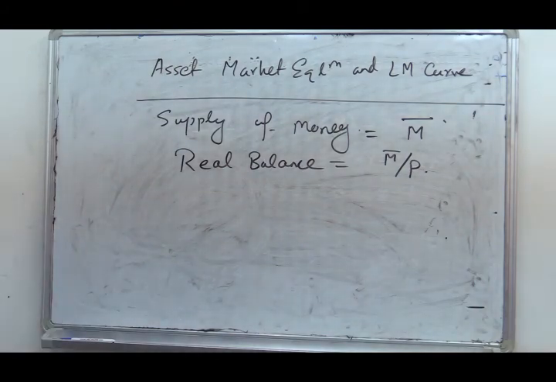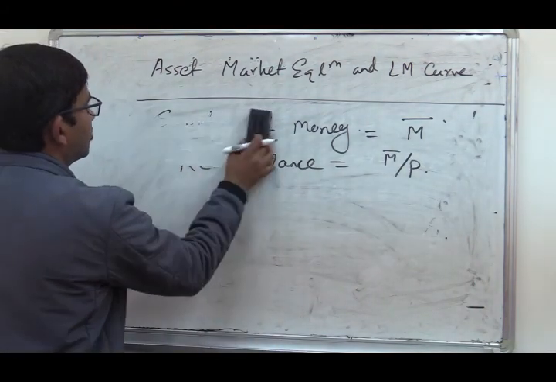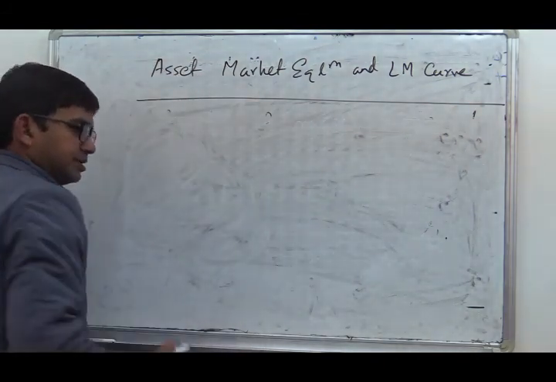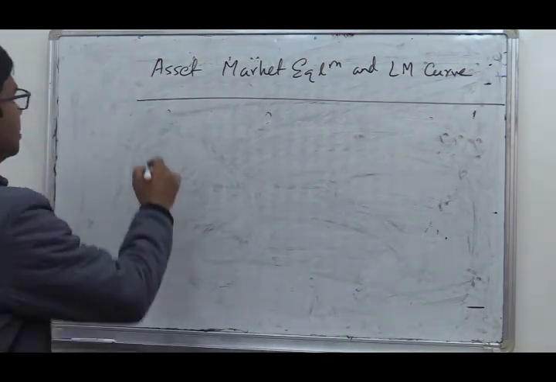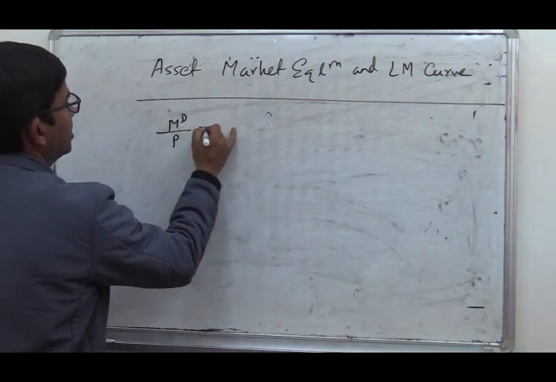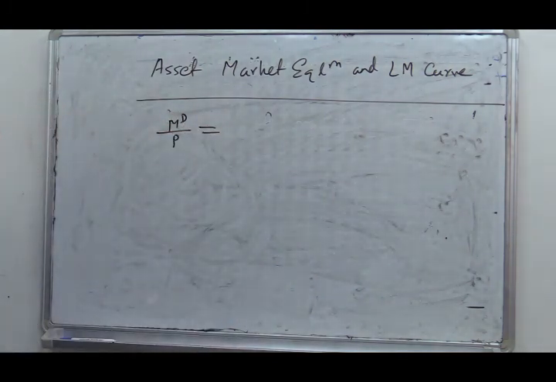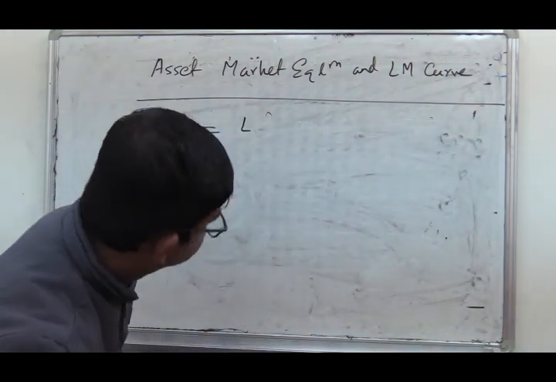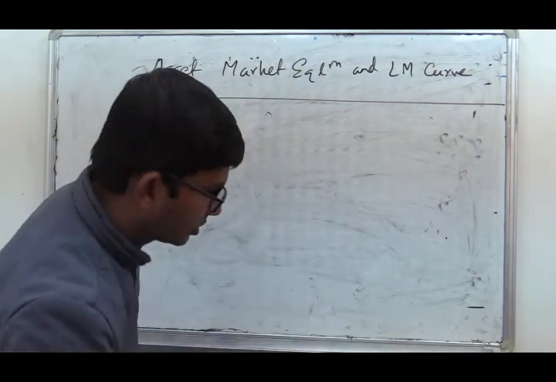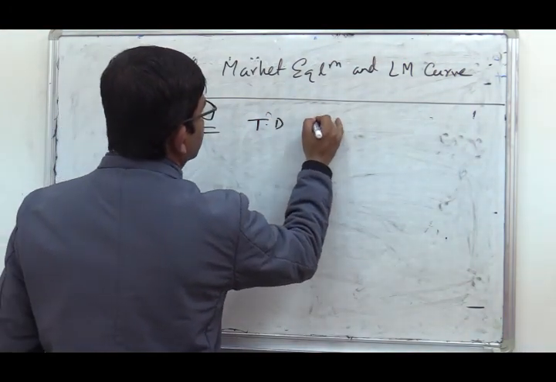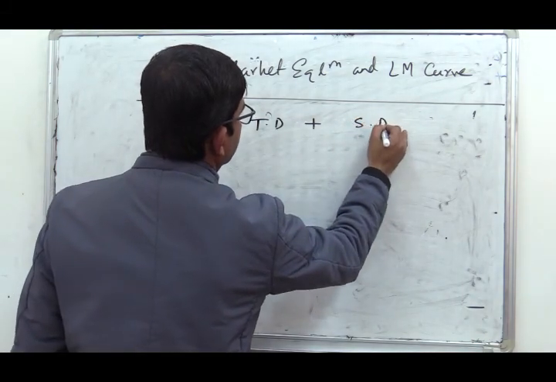Now let us consider the demand side, which is the more important side of the money market. So demand for money, we can write the real demand for money will be given as a function of two things. One is transaction demand, another is speculative demand for money.